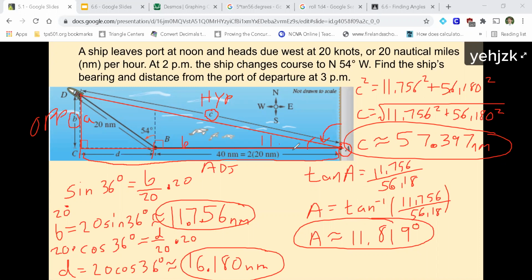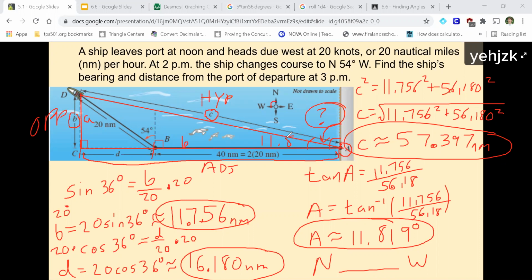So that's this amount right here. How do I find this amount? How many degrees west of north is that? Okay. Remember, this is a 90-degree angle, right? 90-degree angle here.